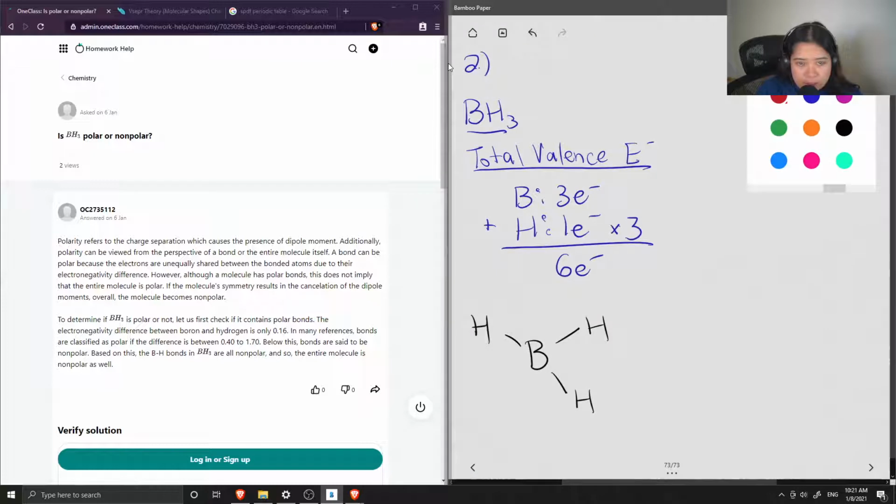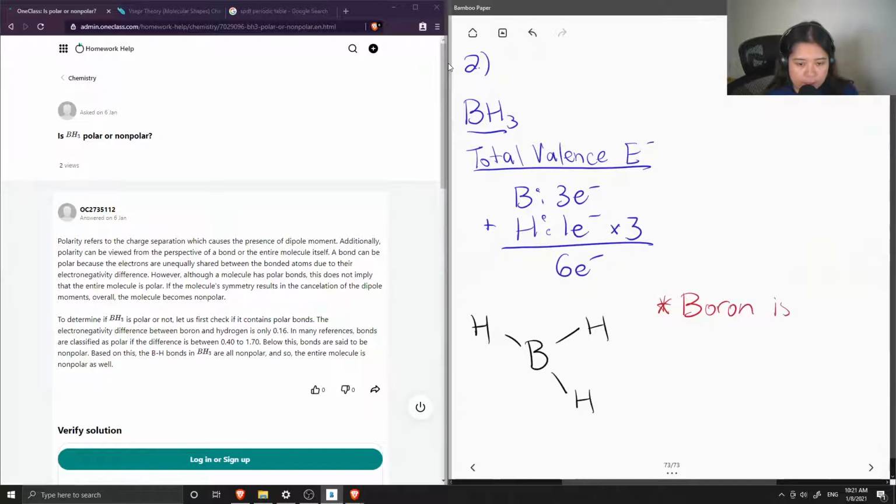Note that boron doesn't have 8 electrons, and this is important because boron can be an exception to the octet rule. So it's perfectly satisfied only having 6 shared electrons. So this is our Lewis structure.